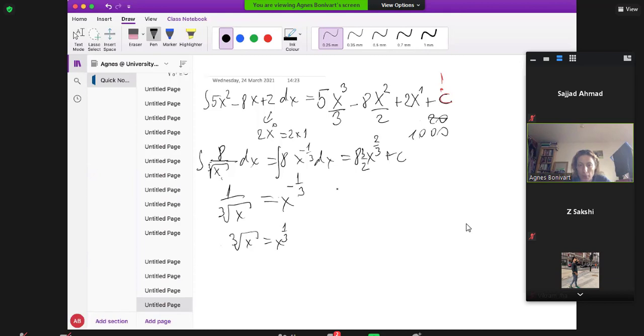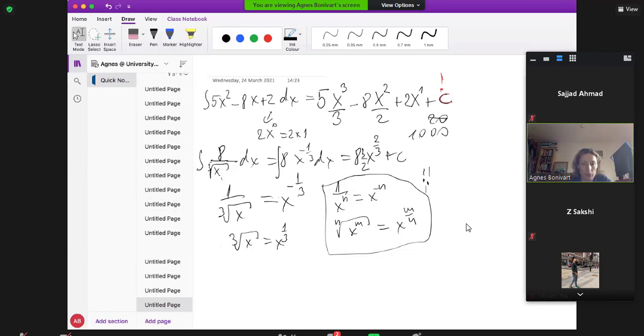So, in general, 1 over X to the power of n is X to the power of minus n, and nth root of X to the power of m is X to the power of m over n. Okay, so these you need to know and apply to rewrite functions like this. So please definitely know it. If you have problems with it, please practice it, because we definitely have to apply these.